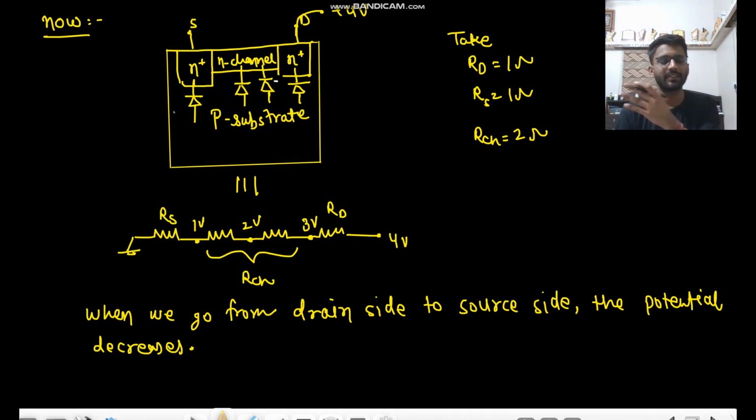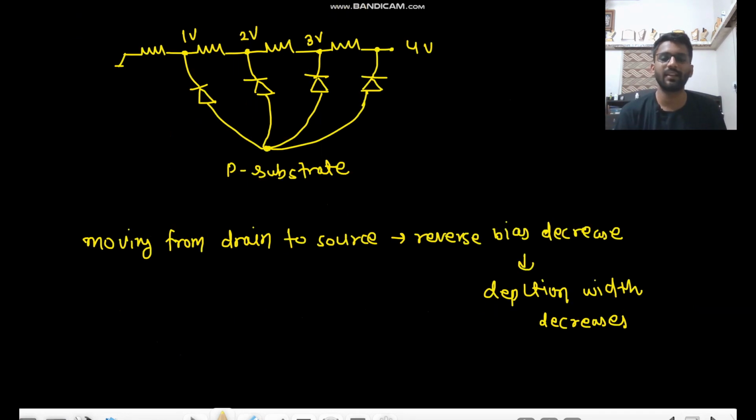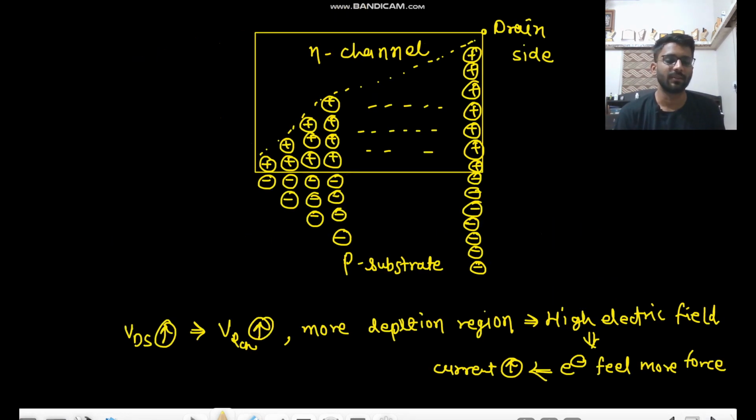Since the reverse bias is getting decreased, there is more depletion on the drain side and less depletion on the source side. Because of more depletion on the drain side, there is a high electric field that will attract the electron, and the electron will feel more force and the current will increase.